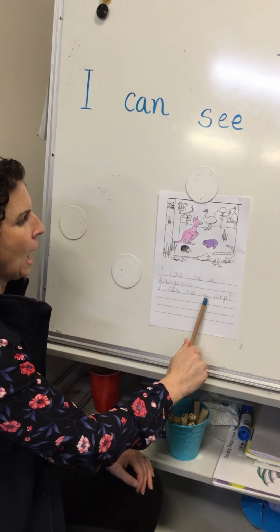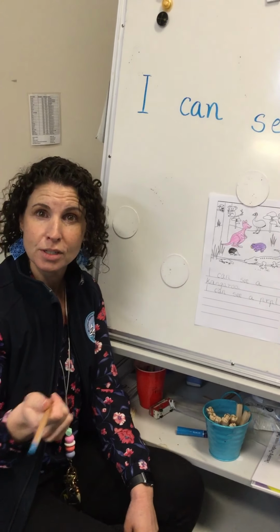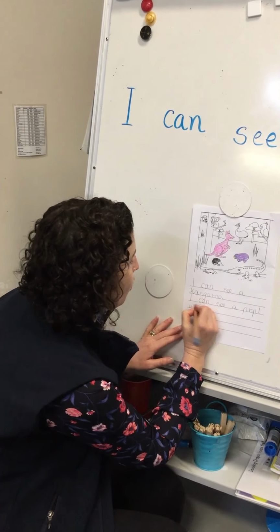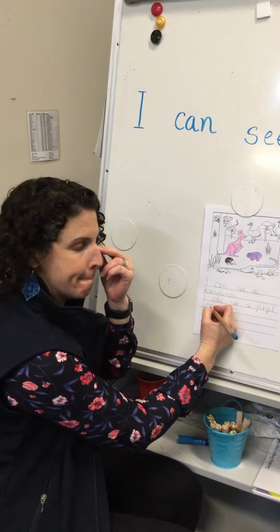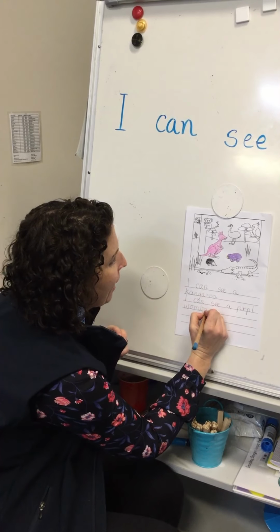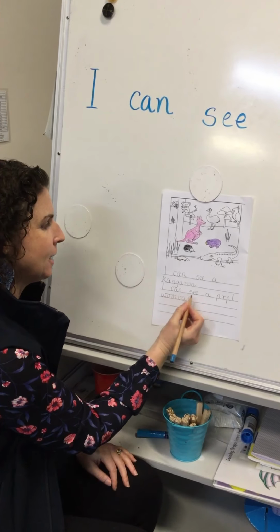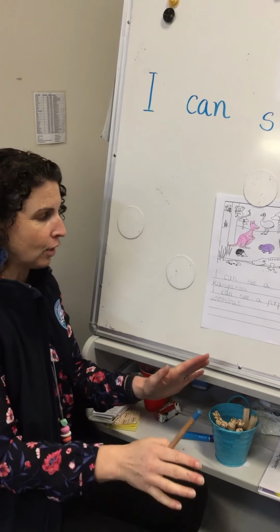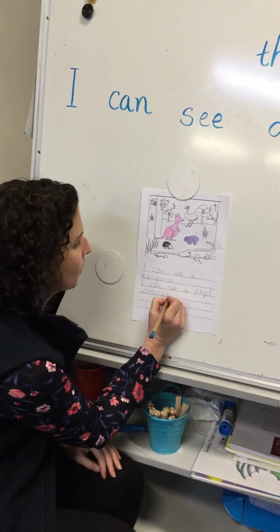I can see a purple wombat. Now, wombat's a great word to stretch out, so make sure you have a go. W. I need a W. W, oh. Womb, at. Oh, I see the at word family. We've learned about that. I can see a purple wombat. What do I do at the end? Do I leave it or do I need to add something? Look at that. I've got to do a full stop.